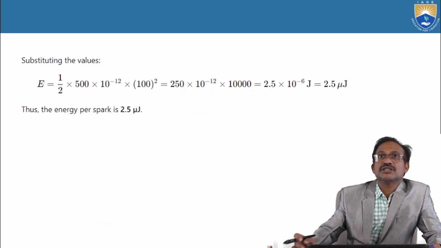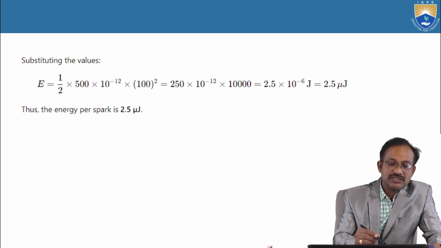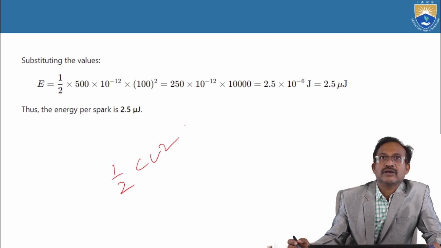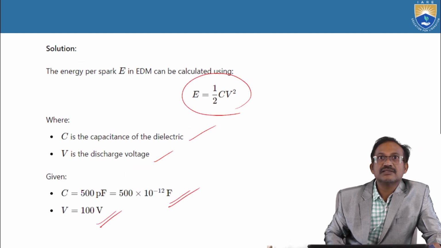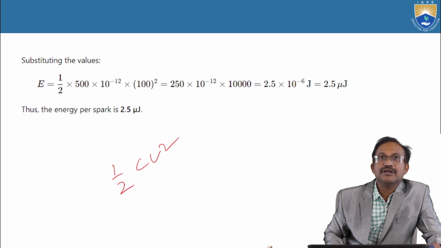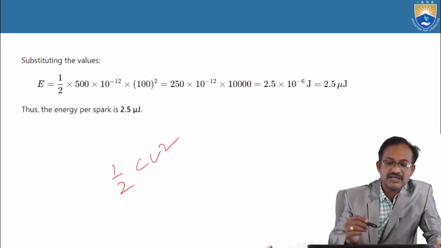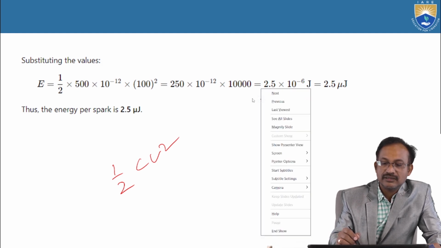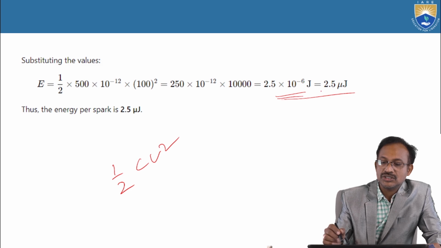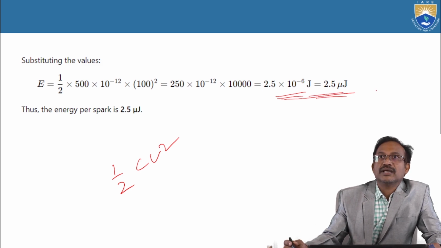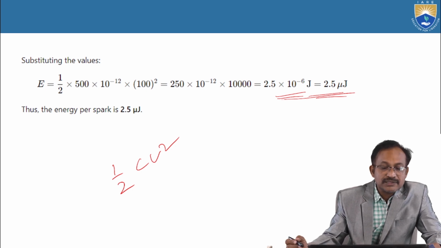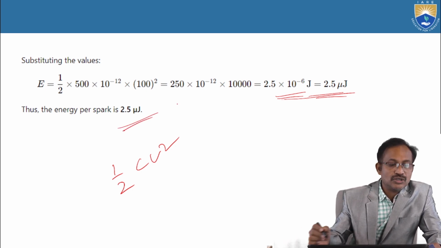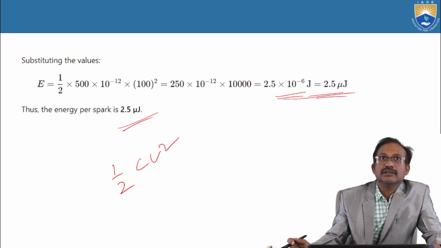Now substitute the values: E = ½ × 500 × 10^-12 × 100². Finally it will be in joules, which we can convert into microjoules. Thus the energy per spark is 2.5 microjoules.